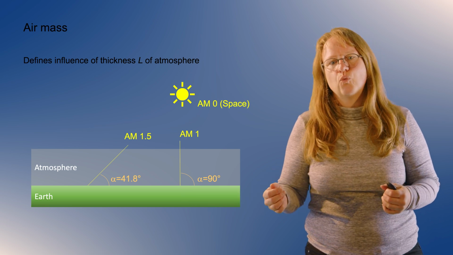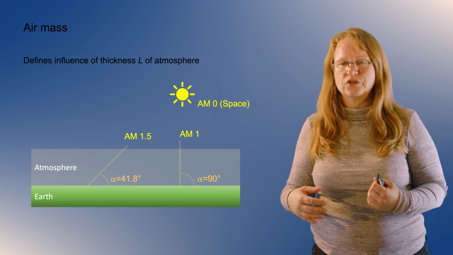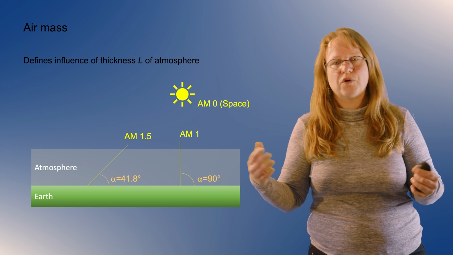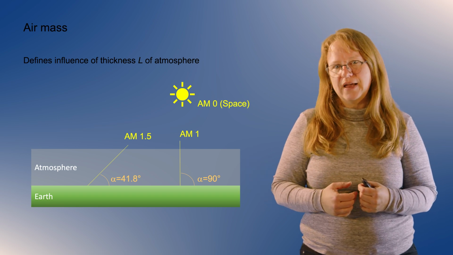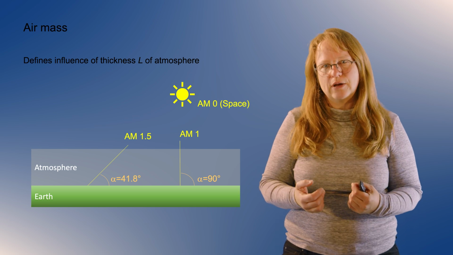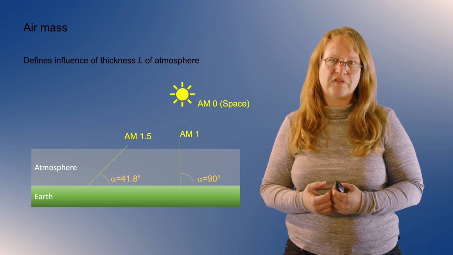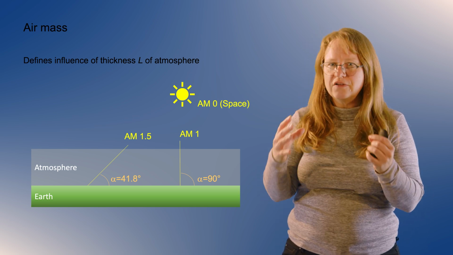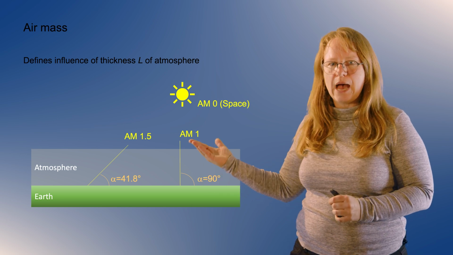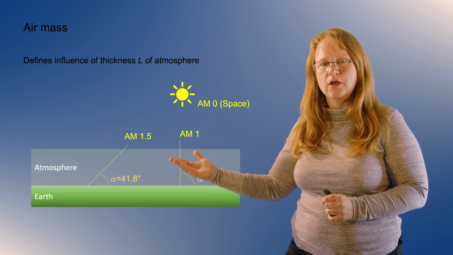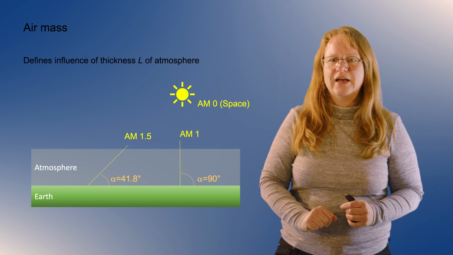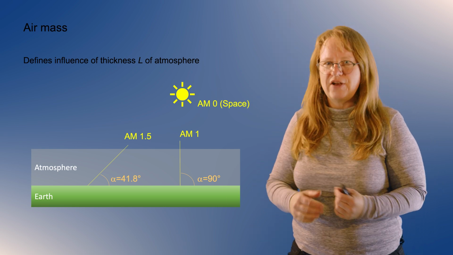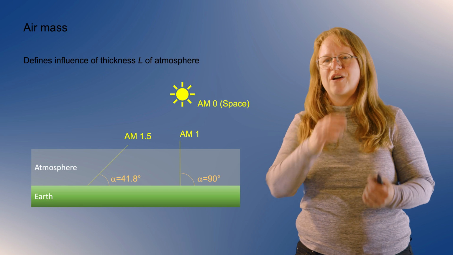And this air mass 1 is then considered, of course, it still depends on what the weather conditions are and so on. So there are spectra defined that are taken as reference spectra for certain conditions of the atmosphere. So for given conditions of the atmosphere, the air mass 1 refers to going at a 90-degree angle, so straight down to the Earth. And of course, this never happens in Kiel here because we are too far north.